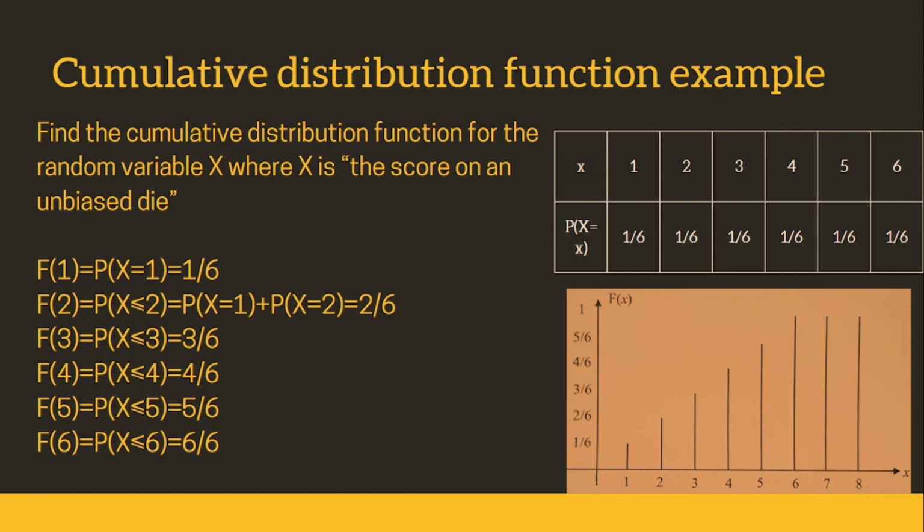The same can be said for X less than or equal to 3, X less than or equal to 4, and so forth. And in the case of 7 and 8, that is already 1, so you cannot really go beyond it. So you can think that there's also a range for this cumulative distribution function, that it will always be between 0 and 1, like all the other probabilities you calculate for other questions in general.